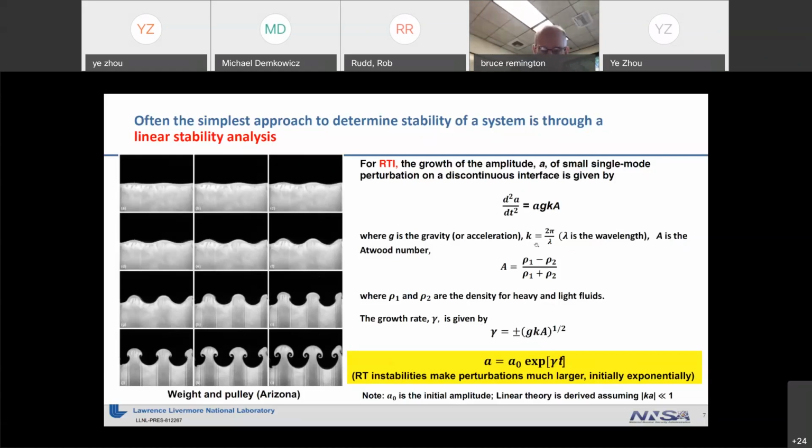So the solution for the amplitude is equal to the initial value A0 grown by the exponential of this growth rate times the time. This equation really demonstrates why the Rayleigh-Taylor instability is so important, because this instability can make the perturbation grow much bigger at a very high speed, initially in exponential form.